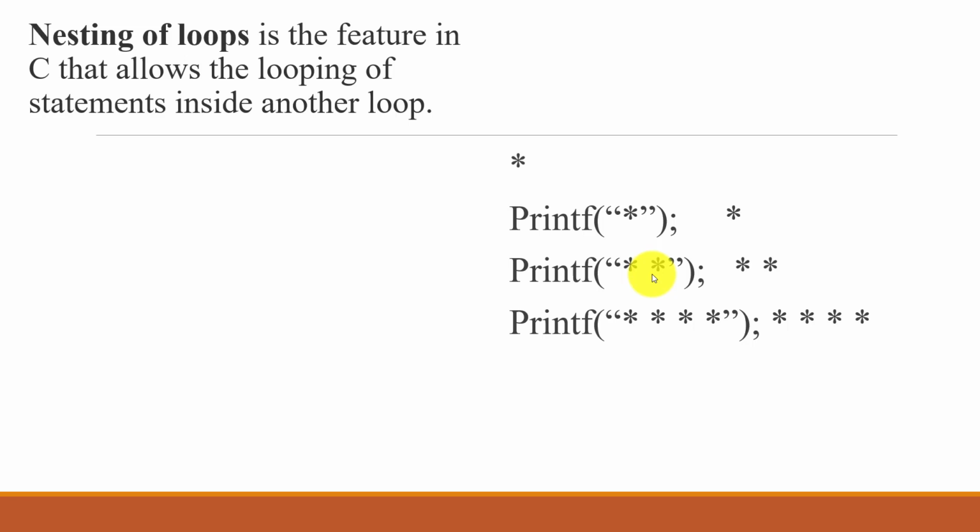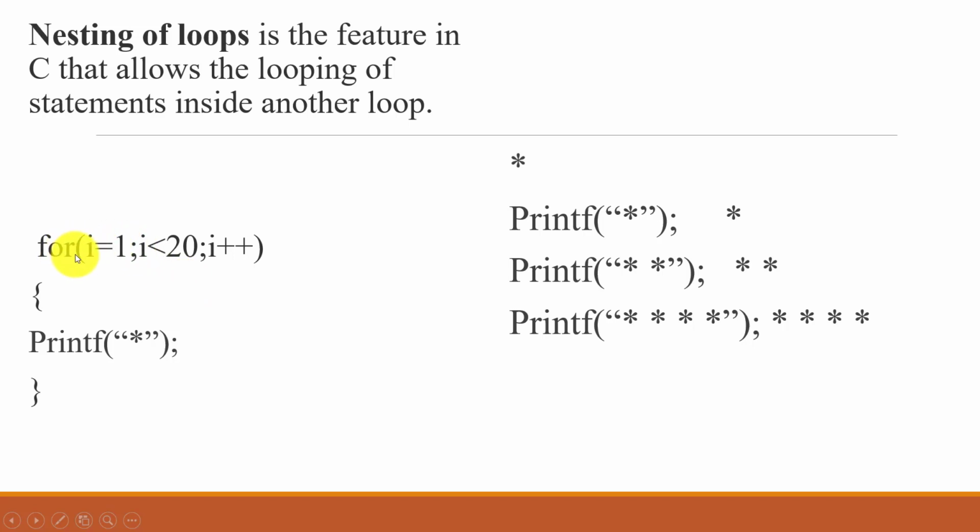Now suppose I want to print the star 20 times. I can use a for loop, that is, for i equal to 1. It initializes to 1, and this loop will run for the condition i less than 20. So I'll get the stars on screen 20 times.